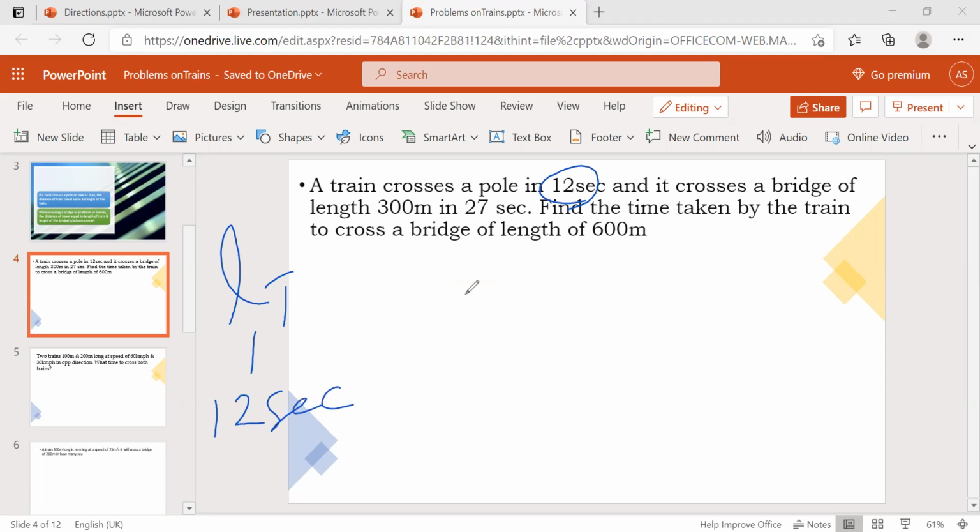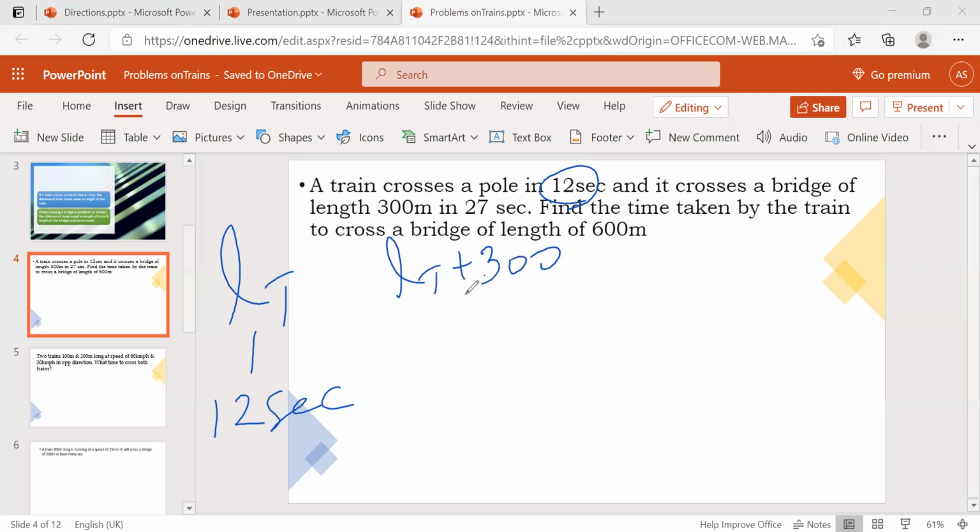And what they gave here is a bridge length of 300 meters. What does it mean? It means the train length plus the bridge length.